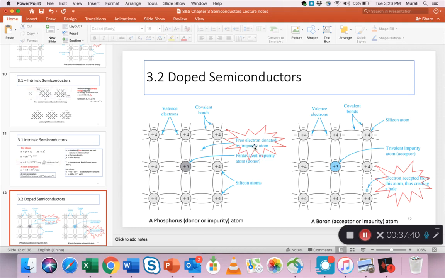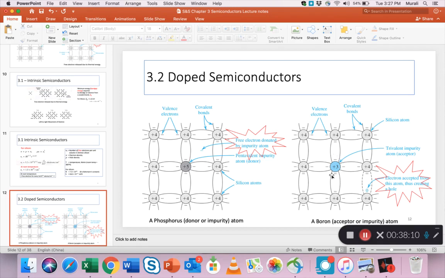And even though we call these impurities, because you have pure silicon and then you have impure, impure doesn't mean anything wrong, it just means a donor came in and gave some additional electrons or took away some electrons and made it impure. So on the right side, the electron is accepted by the acceptor atom.